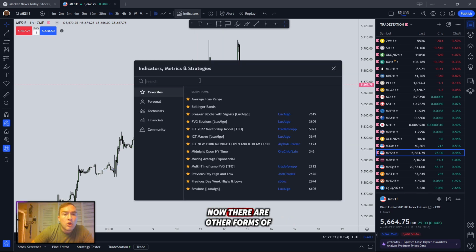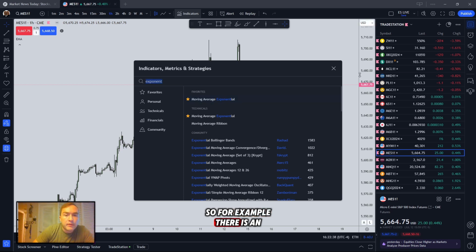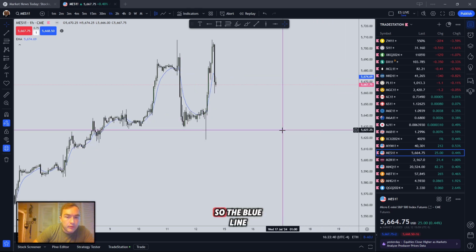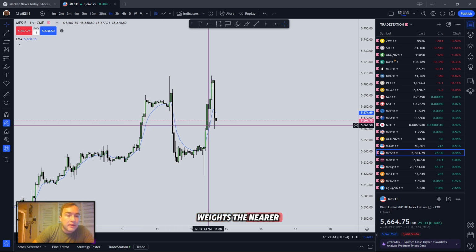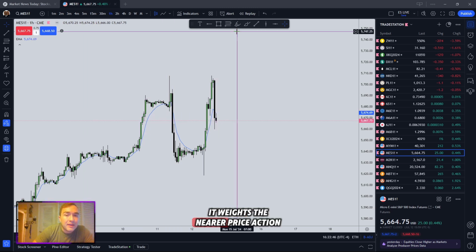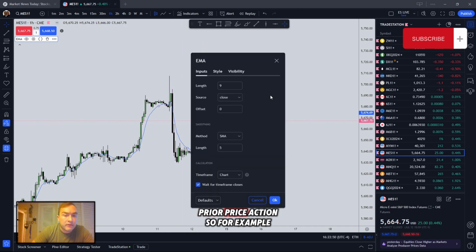Now, there are other forms of moving averages. For example, there is an exponential moving average. The blue line now weights the nearer price action heavier than it does the past price action.